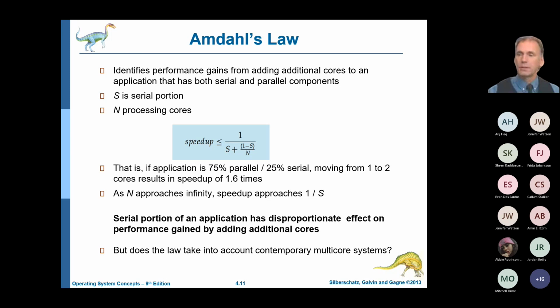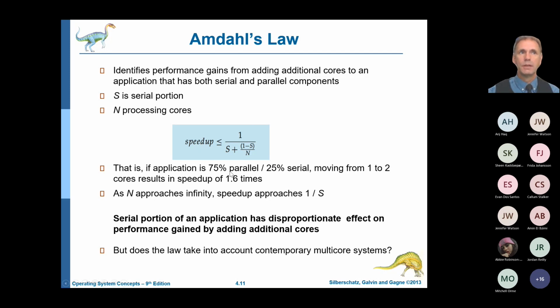The bit to distribute it and then the bit to receive it back in. So we can work out, if we know how much code is serial, if we know how much is parallel, and if we know how many cores we have, we can stick it into Amdahl's law and get an idea of the speed up that we'll get.